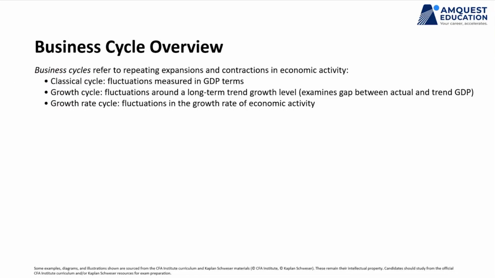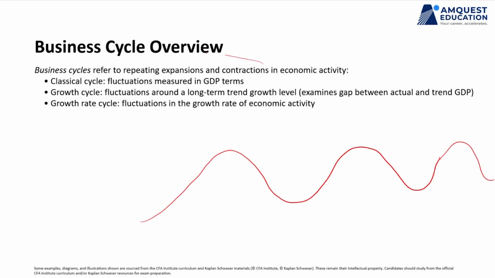Now, a quick overview of the business cycle. What is a business cycle? It is nothing but expansion and contraction, growth and decline. Every business goes through a cycle of expansion and contraction. That is your business cycle. The classical cycle looks at fluctuations in GDP terms: if GDP has expanded or contracted, we know what stage of the cycle we are at.